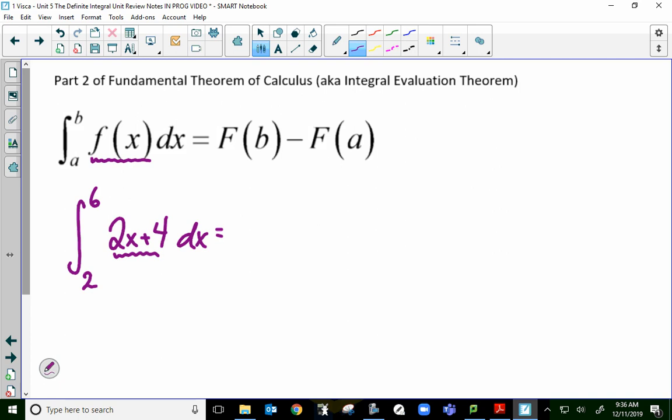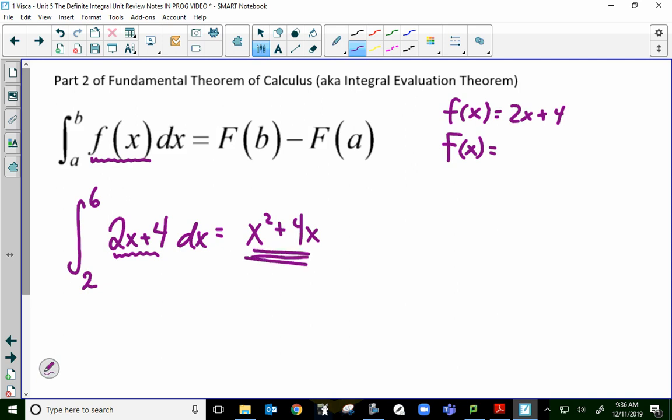Off to the side, f of x is 2x plus 4. When I integrate this, I'm going to get x squared plus 4x. That's capital F of x. So when you see a capital F, they're talking about the function after you integrate it. That's x squared plus 4x.